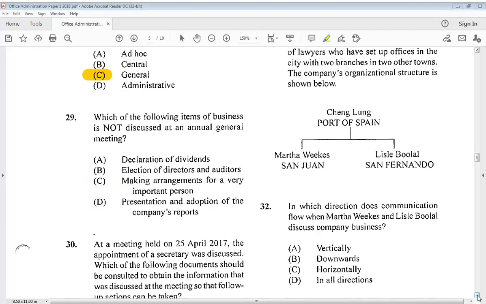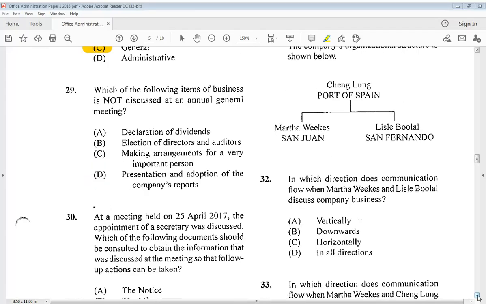Let's go to 29. Which of the following items of business is not discussed at an annual general meeting? A, declaration of dividends. B, election of directors and auditors. C, making arrangements for a very important person. D, presentation and adoption of the company's reports.